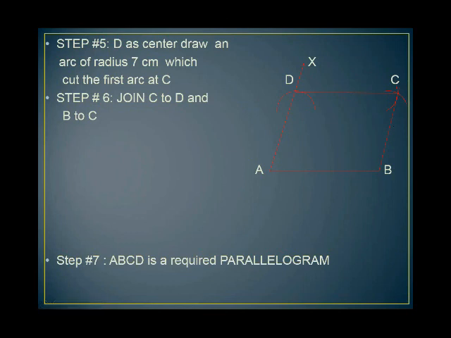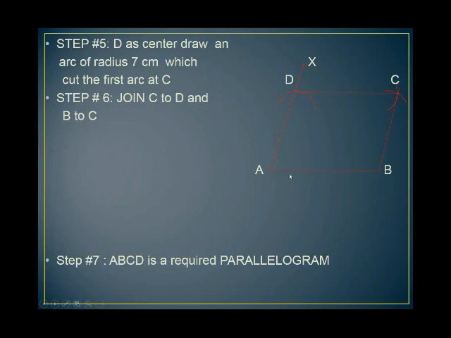Okay, I repeat the process. First we take the baseline AB, then we draw a 60 degree angle at A, and after that, taking A as the center, we draw the arc AD. And now, taking the same measurement of AD and with center B, we draw an arc.